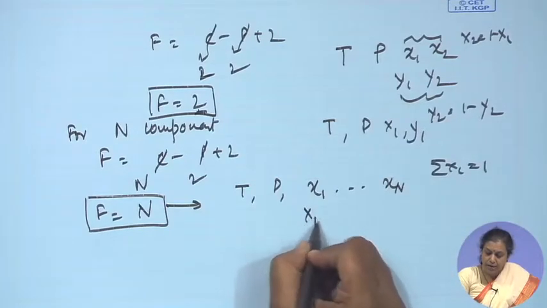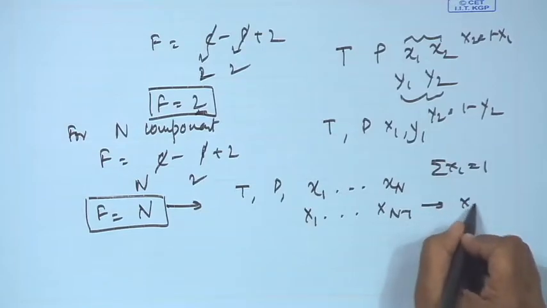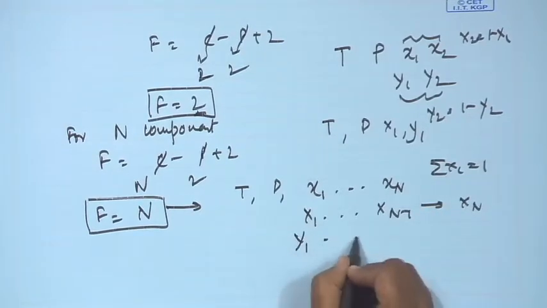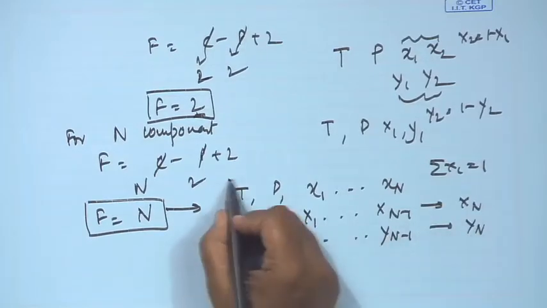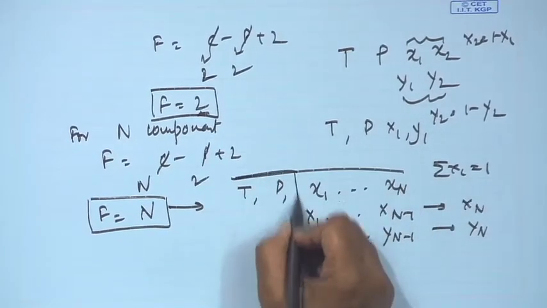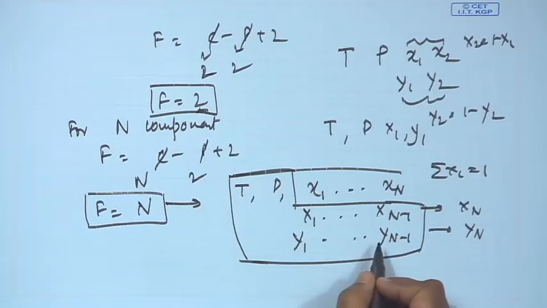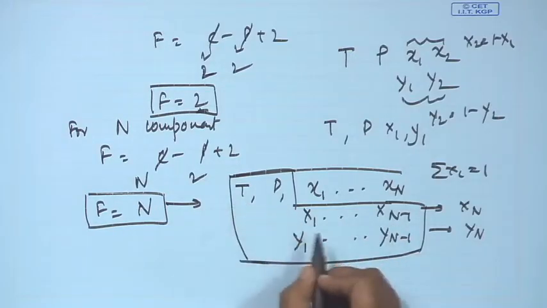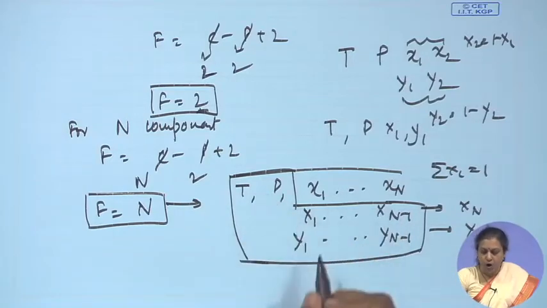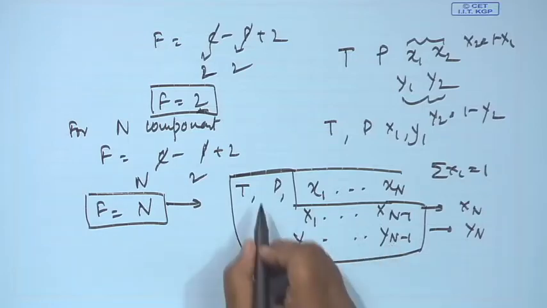So, if I know x_1 to x_(n-1), then automatically I know x_n, and y_1 to y_(n-1) will automatically give me y_n. So, this is my range of variation. Out of this I can vary just n variables. It can be the n minus 1 liquid compositions and temperature, n minus 1 compositions and pressure, or n minus 1 vapor phase compositions and temperature, or n minus 1 vapor phase compositions and pressure.